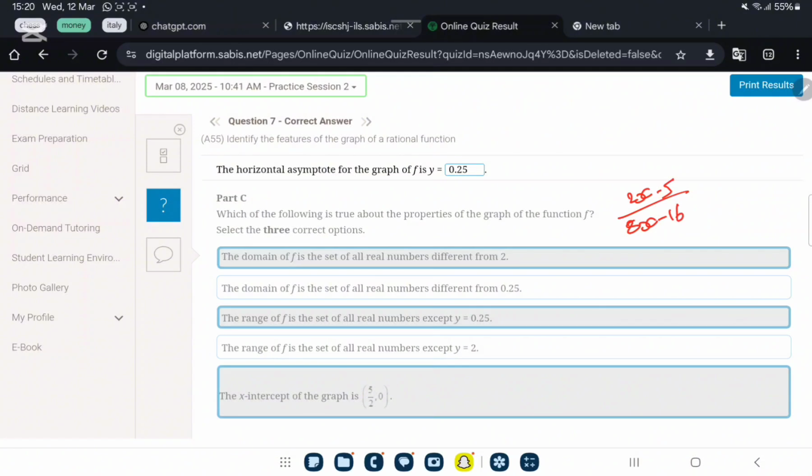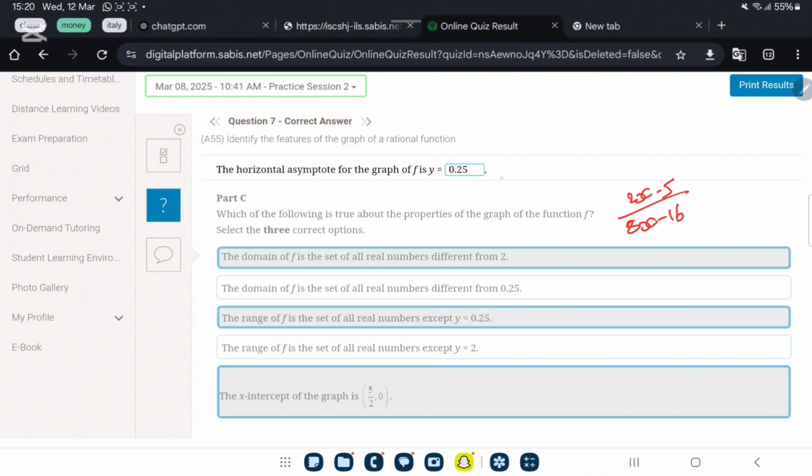And part C, which of the following is true about the properties of function f? So I wrote function f here. The domain of f is the set of all real numbers different from 2. So the domain and range of the function is all real numbers different from the asymptotes.